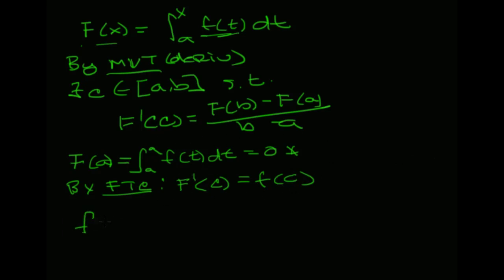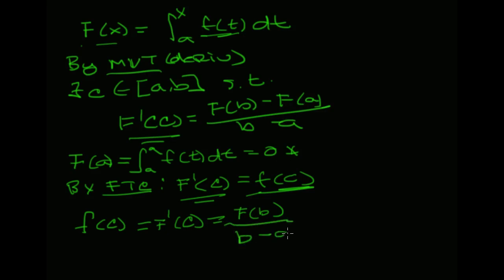I have little f of C here has to equal big F prime of C here, which also has to equal big F of B, and this is just 0, so that goes away, over B minus A. But big F of B is going to be the integral from A to B of f of t dt, and we've proven it.